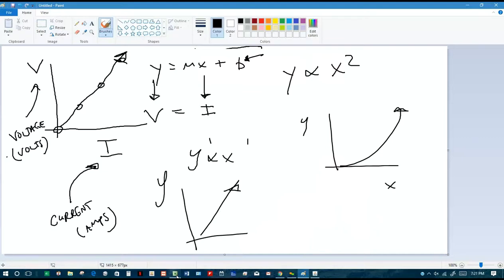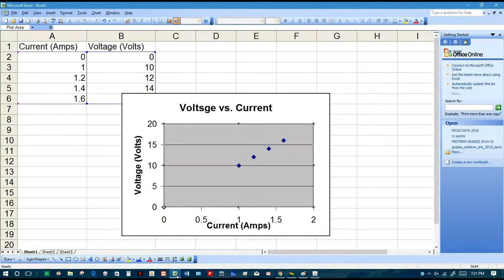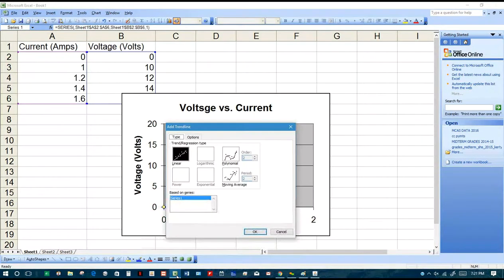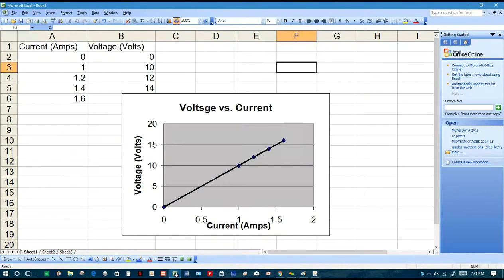If I tell it to add a trend line, you see it goes right through the origin, 0, 0. That makes sense because at 0 volts you have a dead battery. It won't create any current, 0 amps.